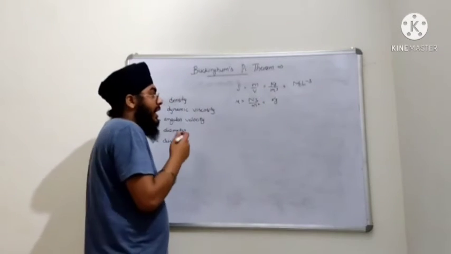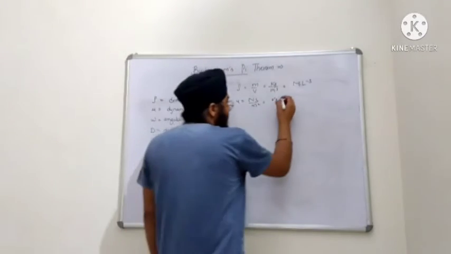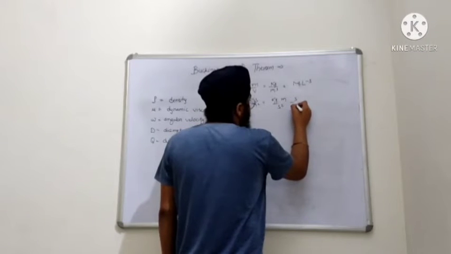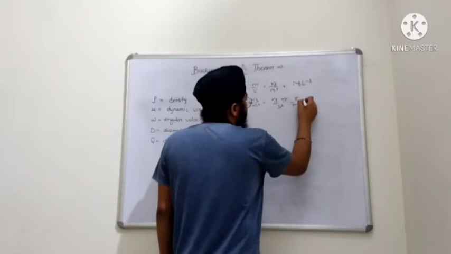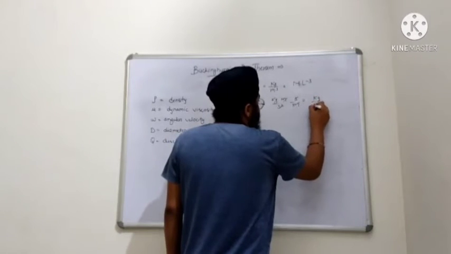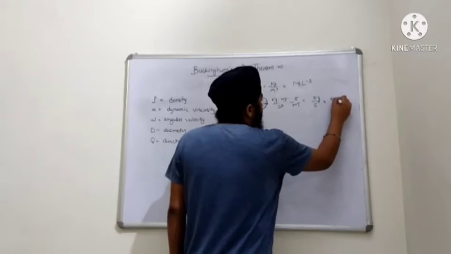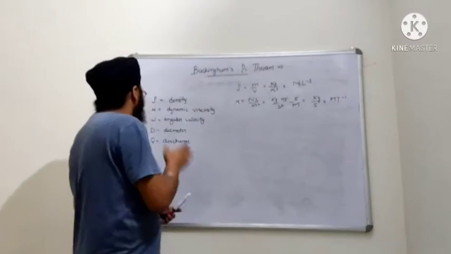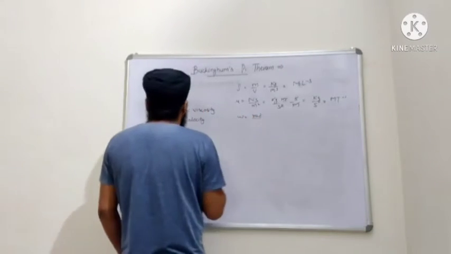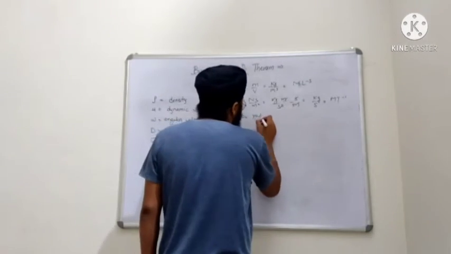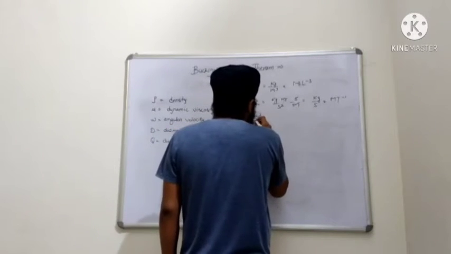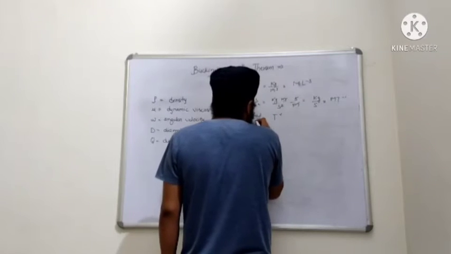Now Newton is force, that is mass into acceleration, that is kg into m upon s square, into s, into m. This will be cut out and we will be left with kg upon m s, which is M L minus 1 T minus 1. Now the angular velocity, which is radian per time. So this will be nothing but T minus 1.